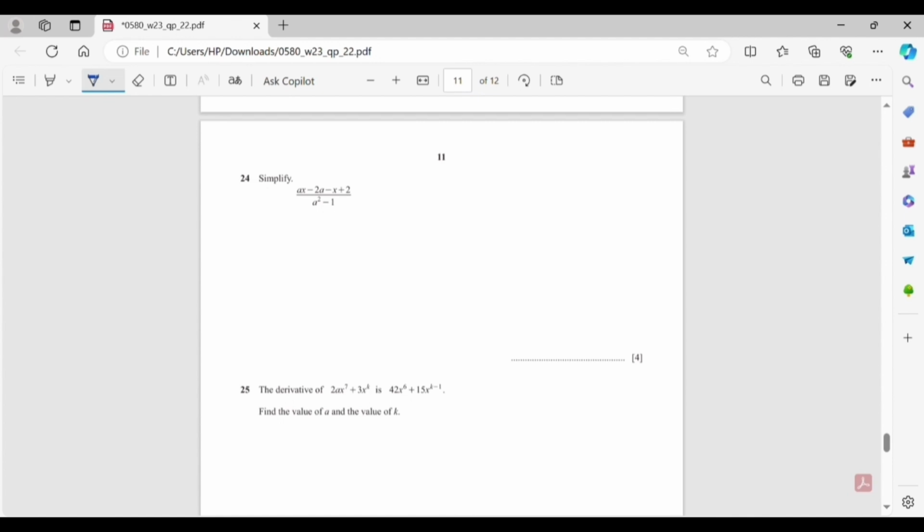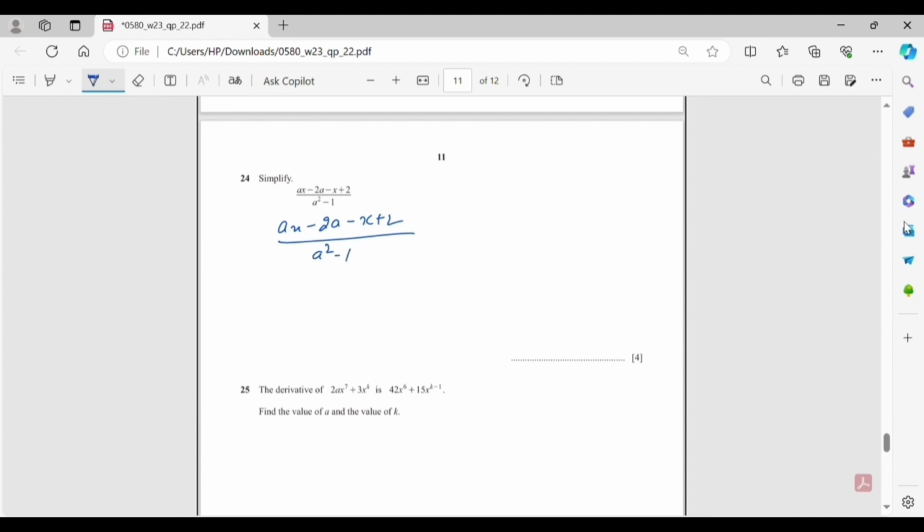Simplify this. So this is a question of factorization. The question is (ax minus 2a minus x plus 2) over (a square minus 1).